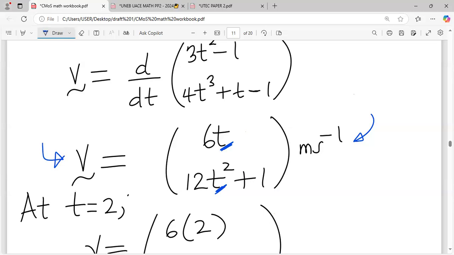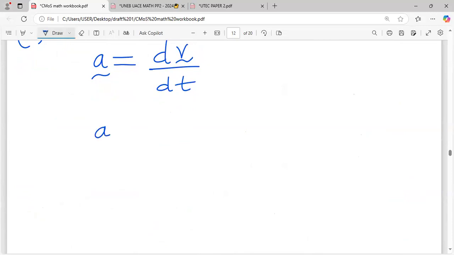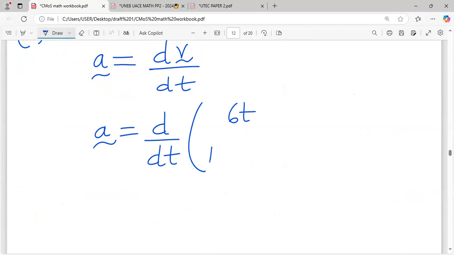60 on top, then down we have 12t squared plus 1. So we now come and substitute for v and say acceleration. This one will remain d/dt of v. What is v? That is 60 over 12t squared plus 1.